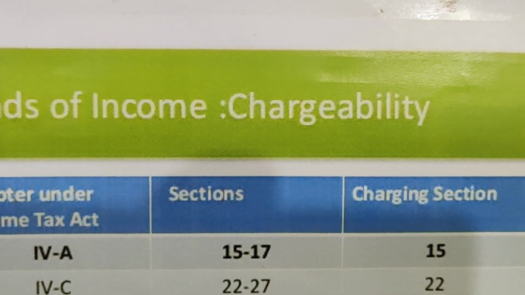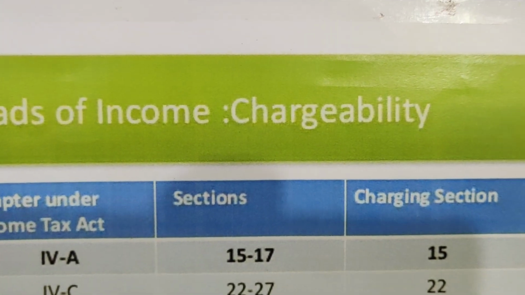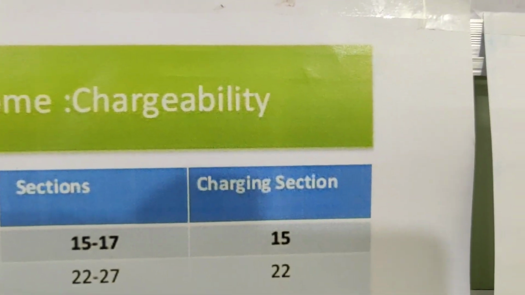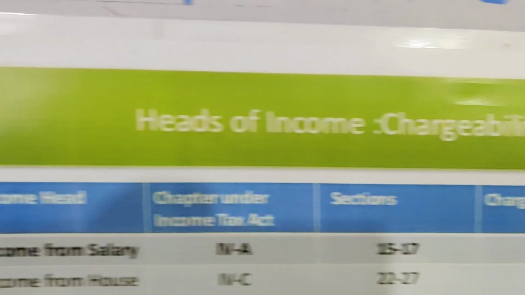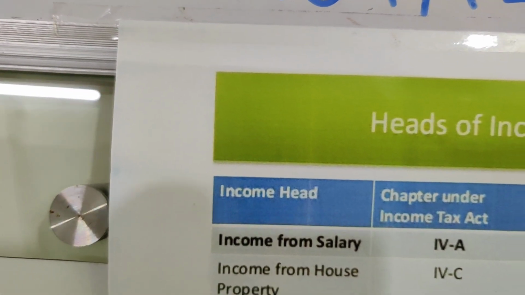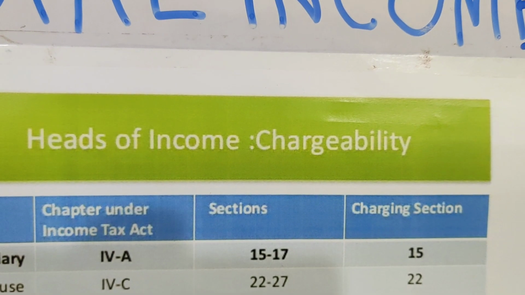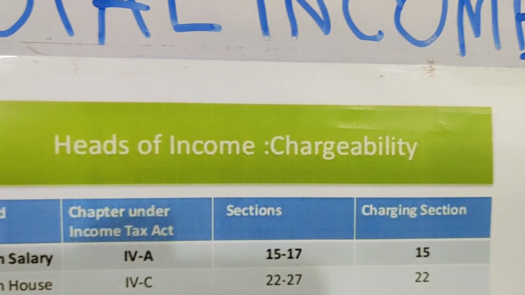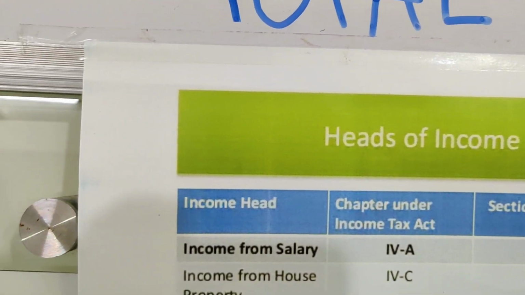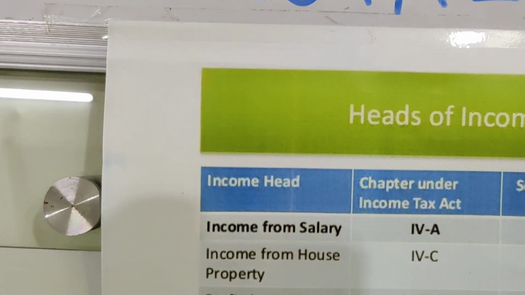And what are the sections? Section 15 to section 17. Charging section, section 15. So you need to read chapter 4A, sections 15 to 17 of the Income Tax Act. Only then you will be able to compute income under the head salary.